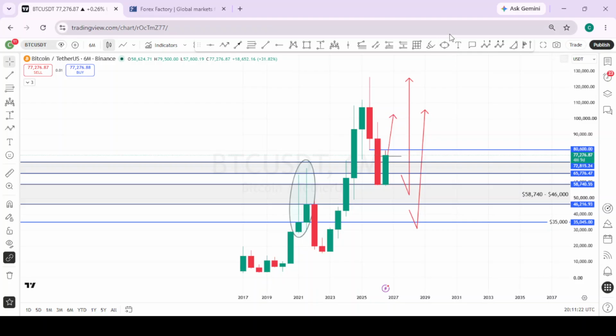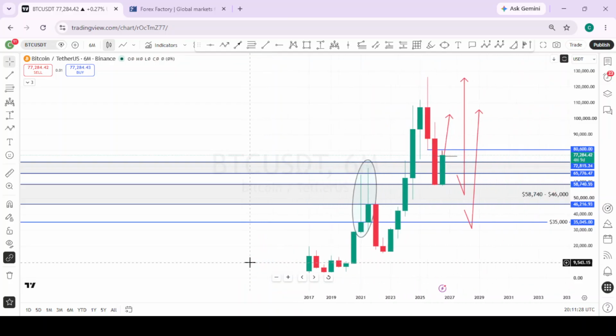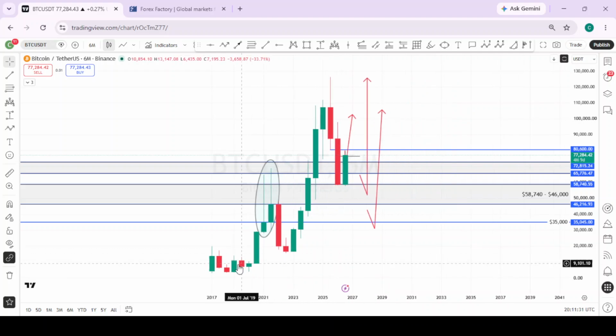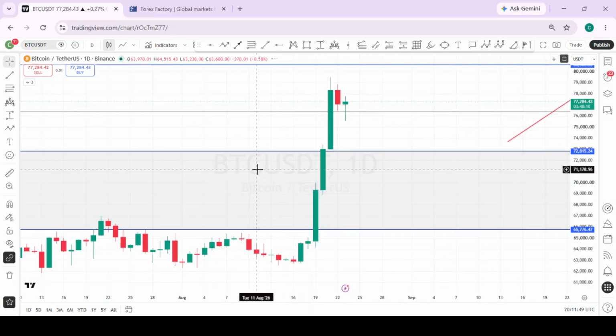Here you saw two bearish 6-month candles, and then the bull run started. Then when it peaked, we got two bearish 6-month candles, and it took off again. Now it has peaked, we again have two bearish 6-month candles, and we are about to see some strong bullish momentum to the upside. So we are most likely going to head up for BTC.